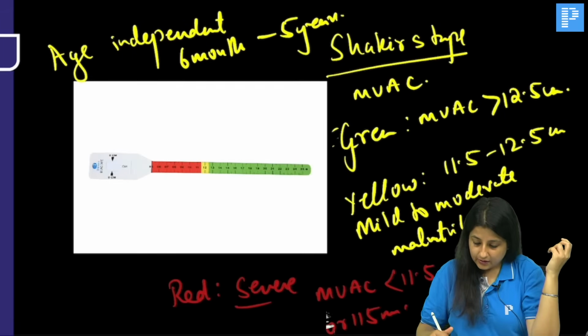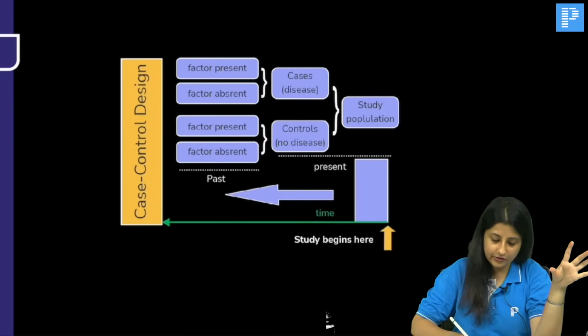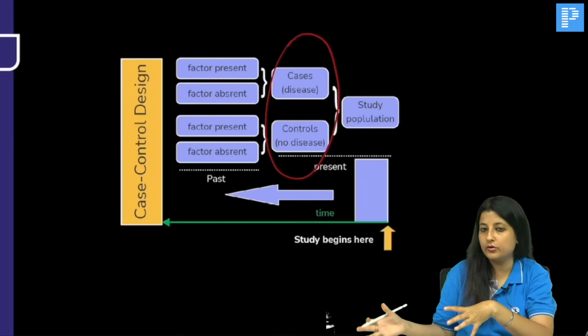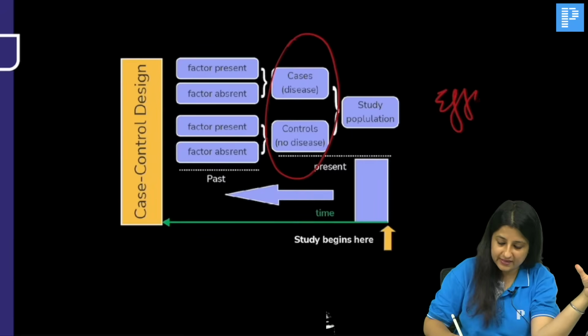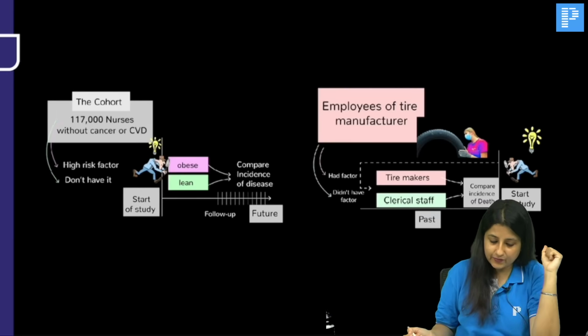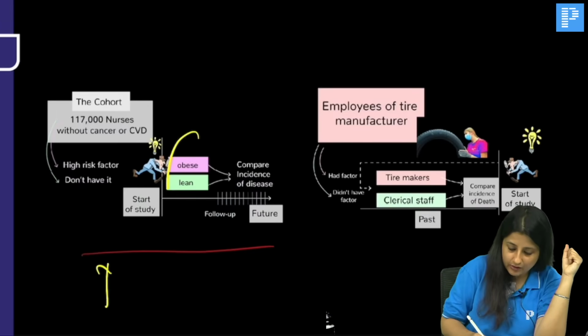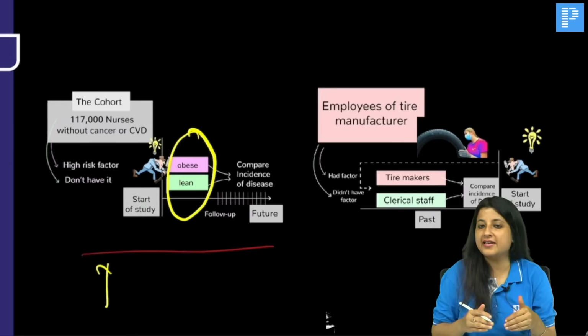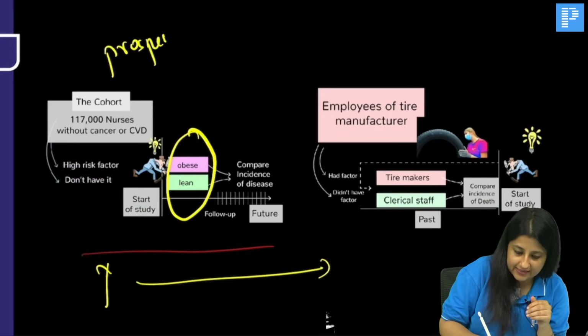Clear? Got it? Now all of you remember, this is a case control study design. You're comparing cases and controls, going from effect to cause. This is case control. This one right here, if you start at the present time and compare exposed and non-exposed, and you move forward with time, this is, everybody, prospective cohort.